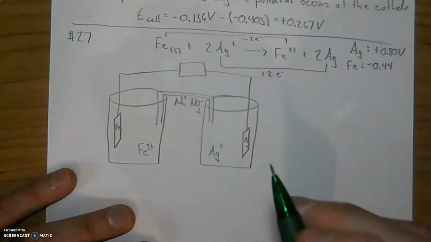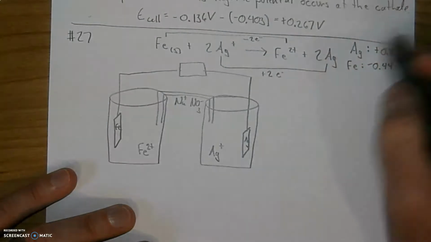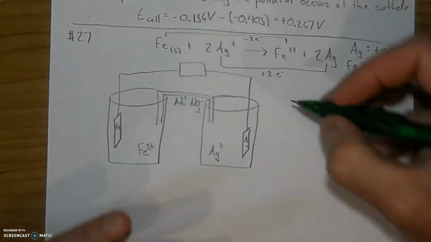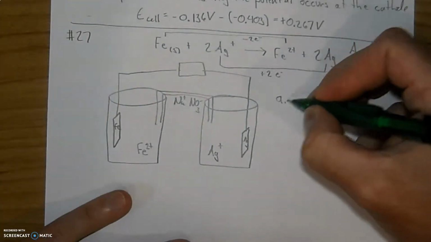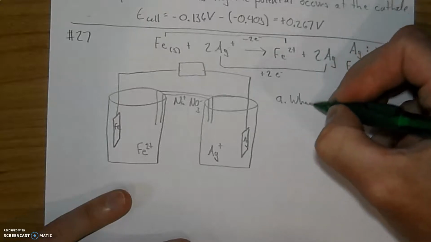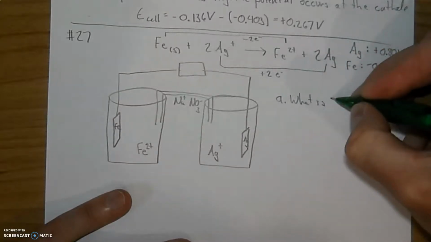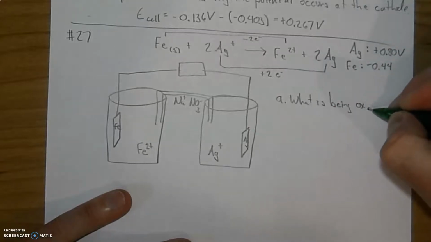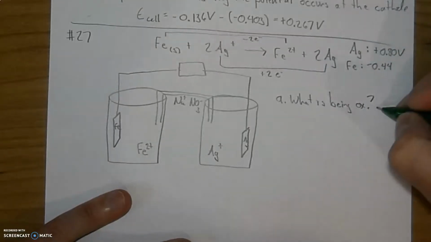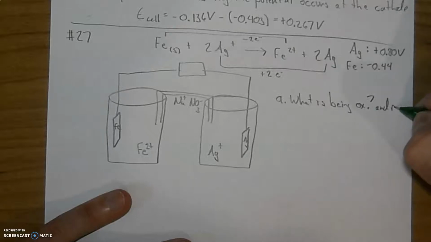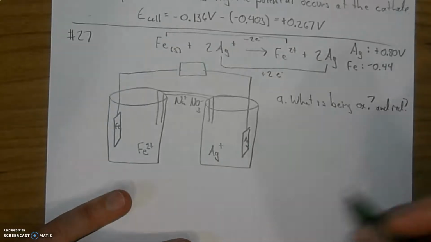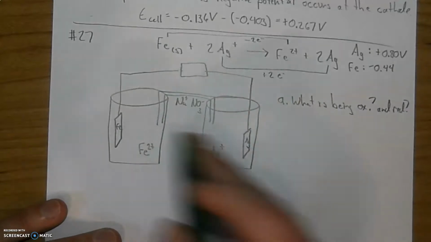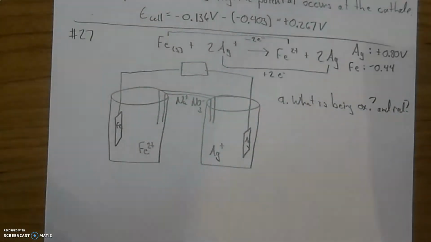Given this understanding, based on the equation we have written here, we've got some math. Our first question, I'll go ahead and put it over here. What is being oxidized and reduced? So based on really the two metals, what's being oxidized and what's being reduced?